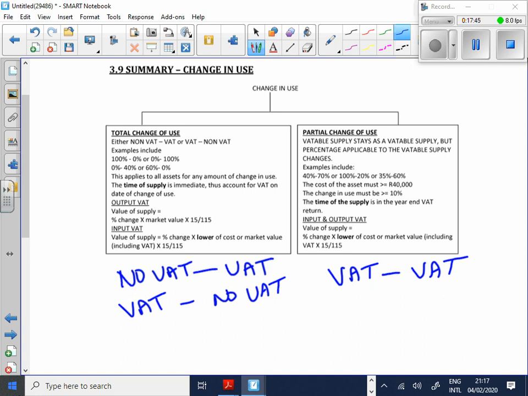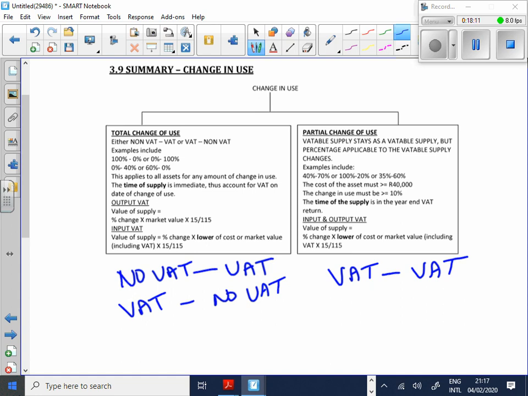We are not going to go and look for every single asset in our books. Can you imagine if we had to actually do a VAT adjustment on my financial calculator every year? Cost $400. It's impractical to go and take low value assets and actually do partial changes in use on them.